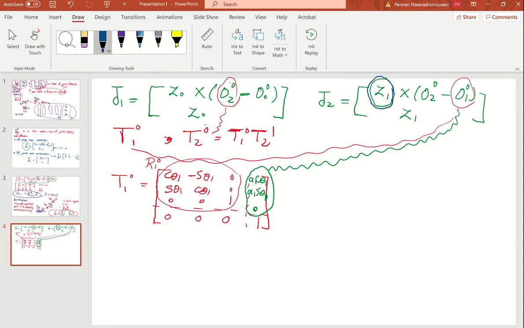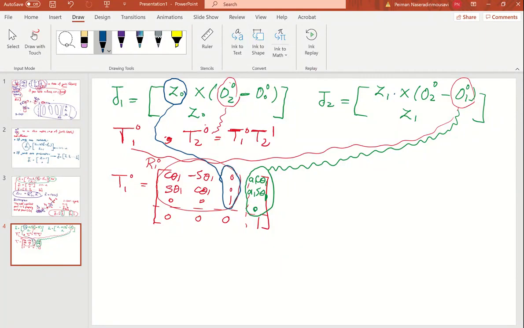Z1, I said, is what? Well, let me first go with this. Or this Z0 is what? Is this element. Here we go.